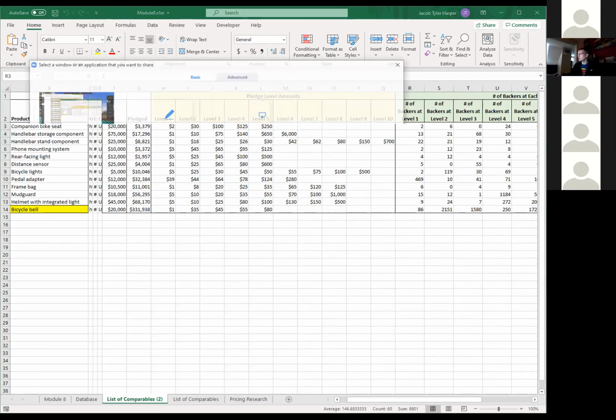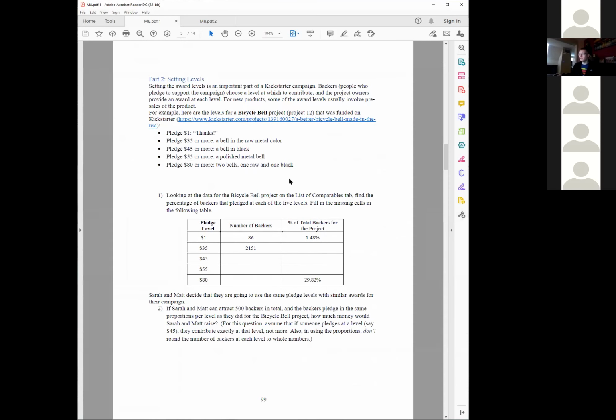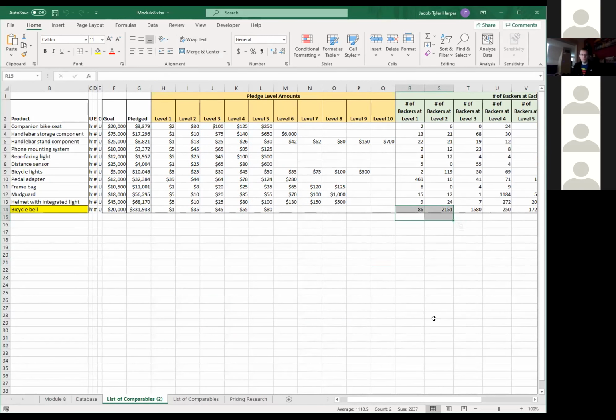So let's take a look at the questions. It starts off talking about, like I said, just the Bicycle Bell, and it has you fill out this table here. First thing it says is how many backers gave at these pledge levels. Just want to point out, we've already talked about this. See this 86 and 2151? Those are those two numbers over there.